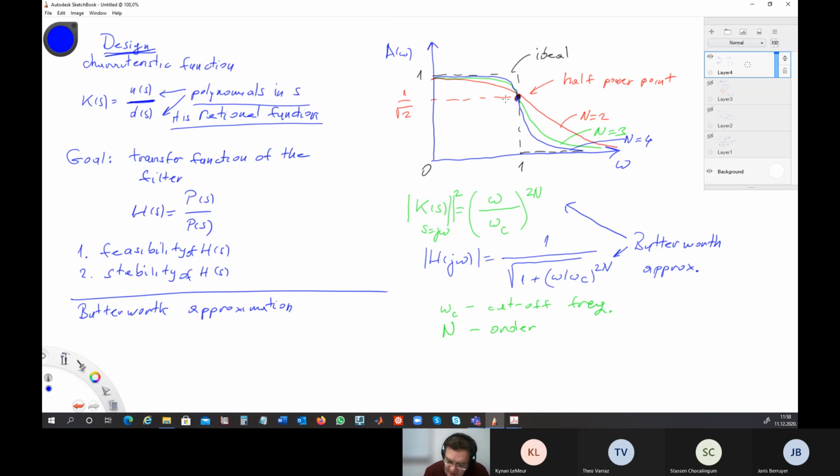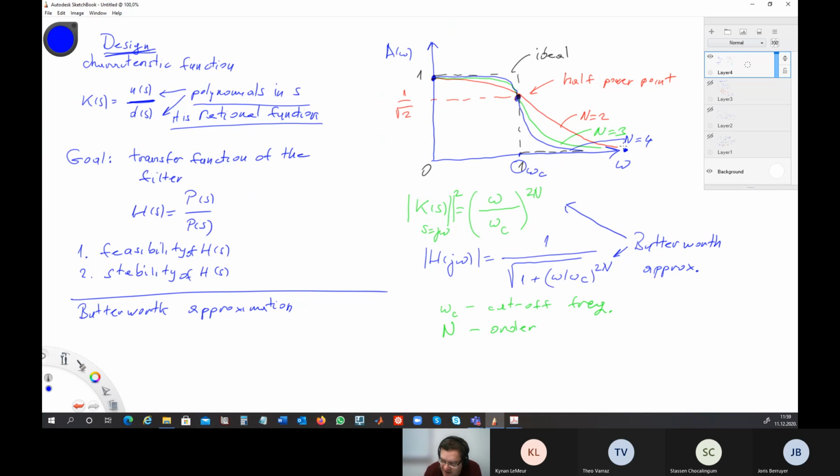So all of them go through the half power point, which is called omega C. And then all of them come from here, and all finish in infinity at 0. So only in 2 points, in infinity and in 0, does this approximate the ideal characteristic 100%. At omega C it doesn't: everybody goes to 1 over square root of 2.